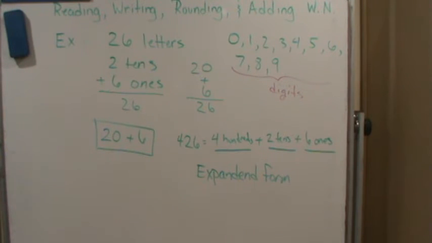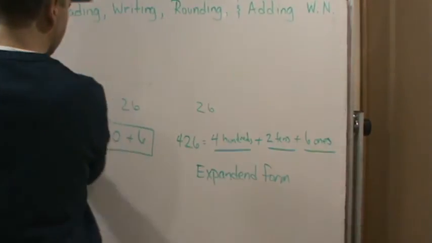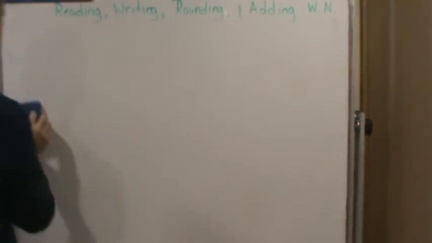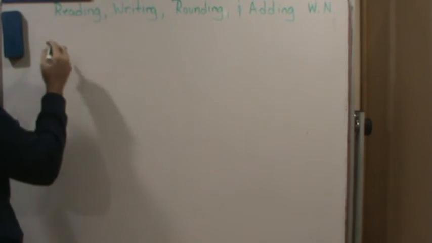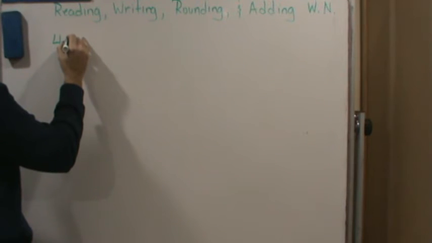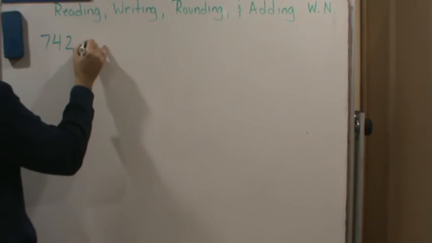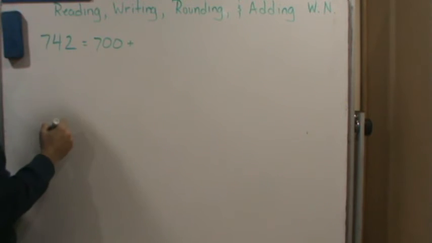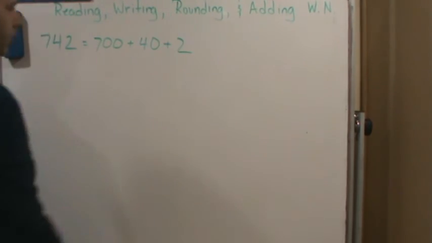If we do another example, let's say 726, or let's do 742, mix it up a little bit. If I take the number 742 here, we can write this as 700 plus 40 plus 2.